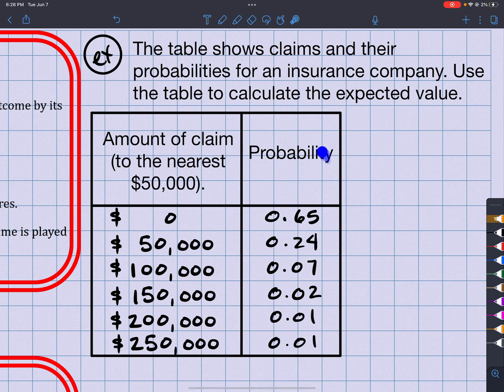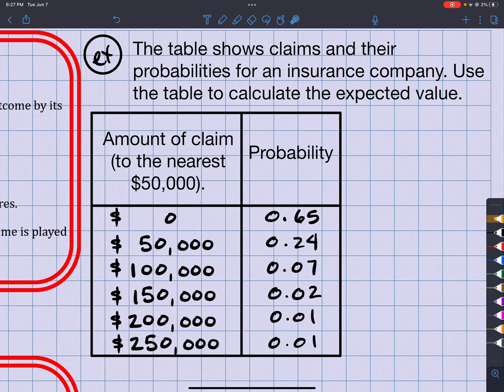Okay, since this is a probability that's already set for you, I would tell you to go ahead and multiply these two numbers here straight across, right? So that this way you know what the possible outcomes are times the probability.